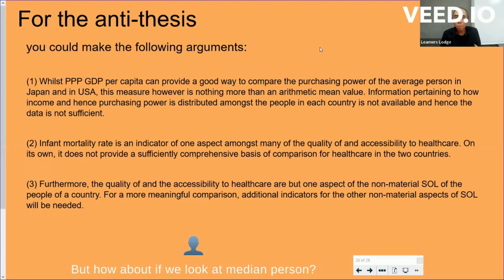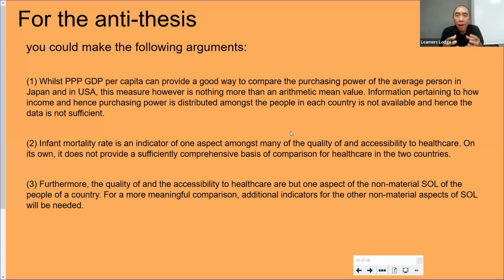But how about if we look at the median person? Is it necessarily still true that the median person in America is doing better than the median person in Japan in terms of purchasing power? So here we are talking about how the data may not be sufficient, because we only have information as to, on average per person, as a mean value, how much purchasing power people in Japan versus people in America have.